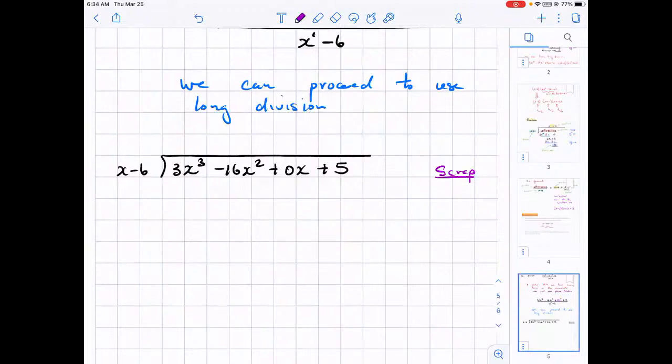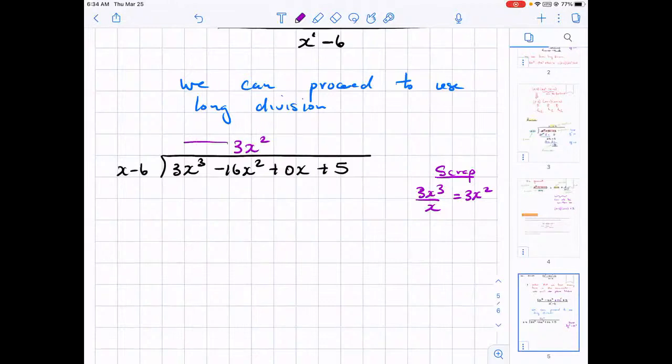So the first thing, this and this, first terms. What is 3x cubed divided by x? That will be 3x squared. So we write our 3x squared above the x squared term.